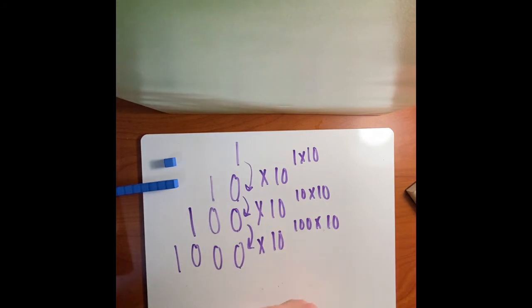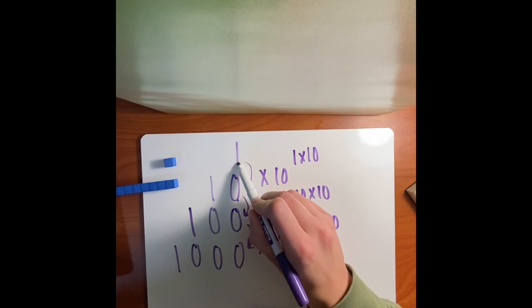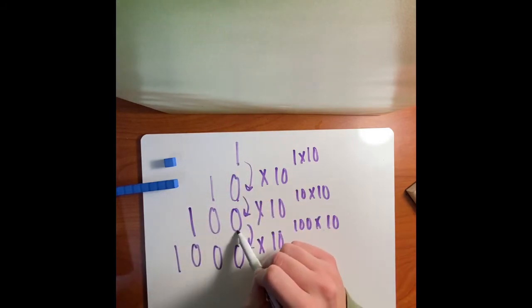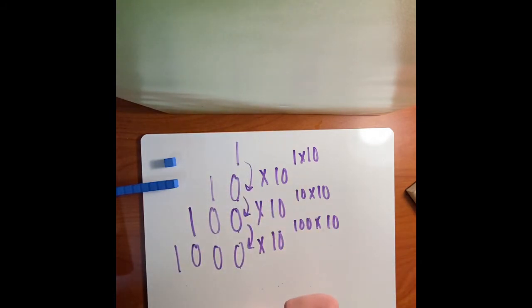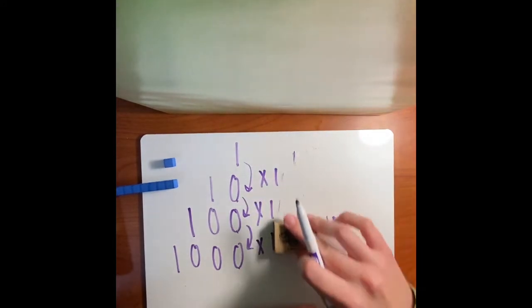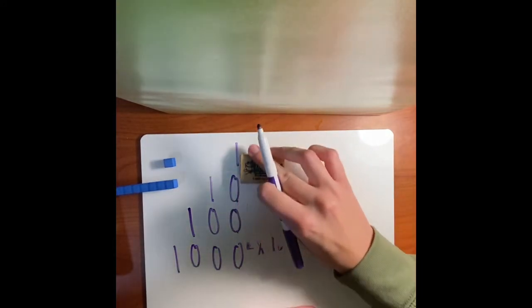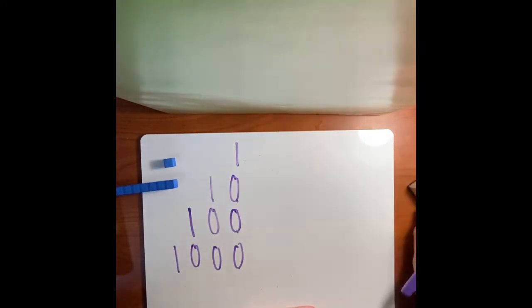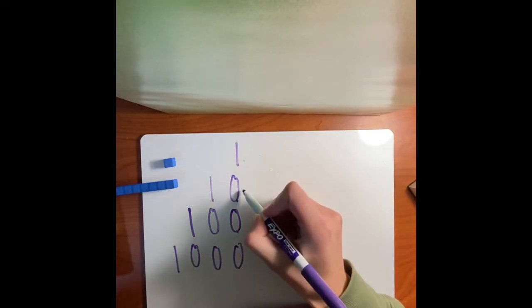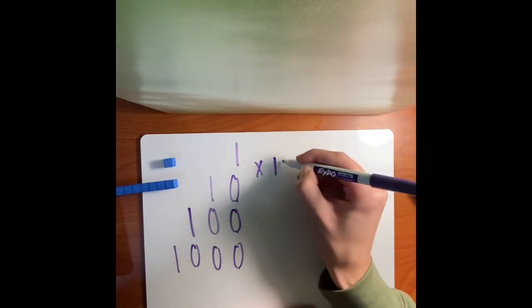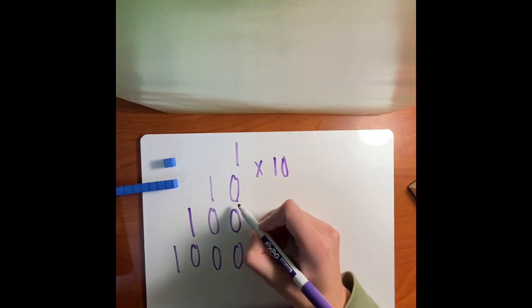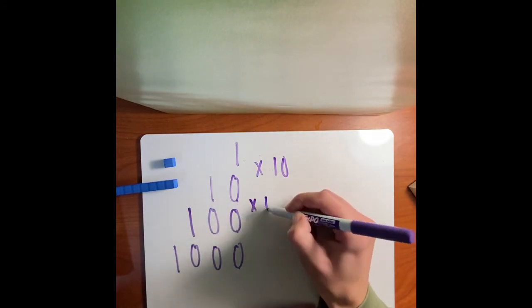So now a question that I have is, how could I get from 1 to 100? What would I have to do? Well, if I know that to get from 1 to 10, I multiply by 10, and then to get from 10 to 100, I have to multiply by 10.